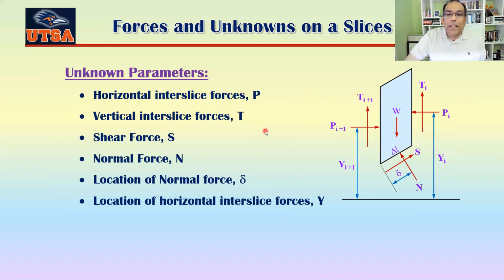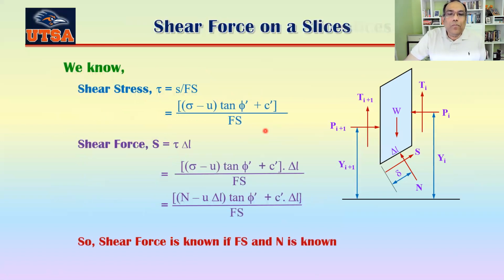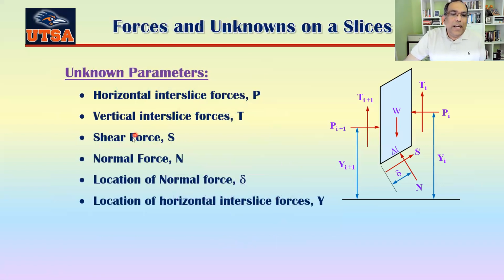Okay, now let's see the shear force on a slice. You see here that we said we don't know the shear force. Also, we don't know the normal force. But actually, there is a relationship between your shear force and normal force, because your tau is equal to sigma tan phi plus c.